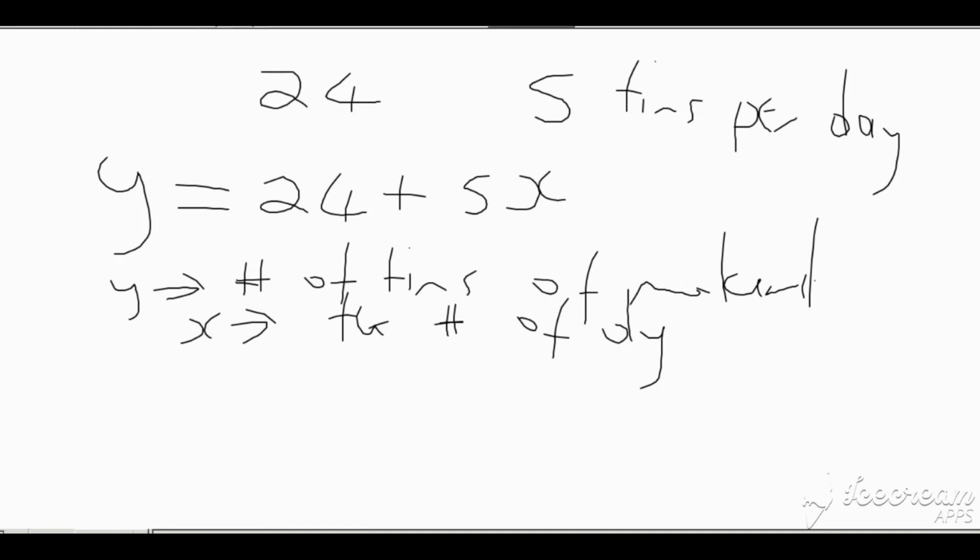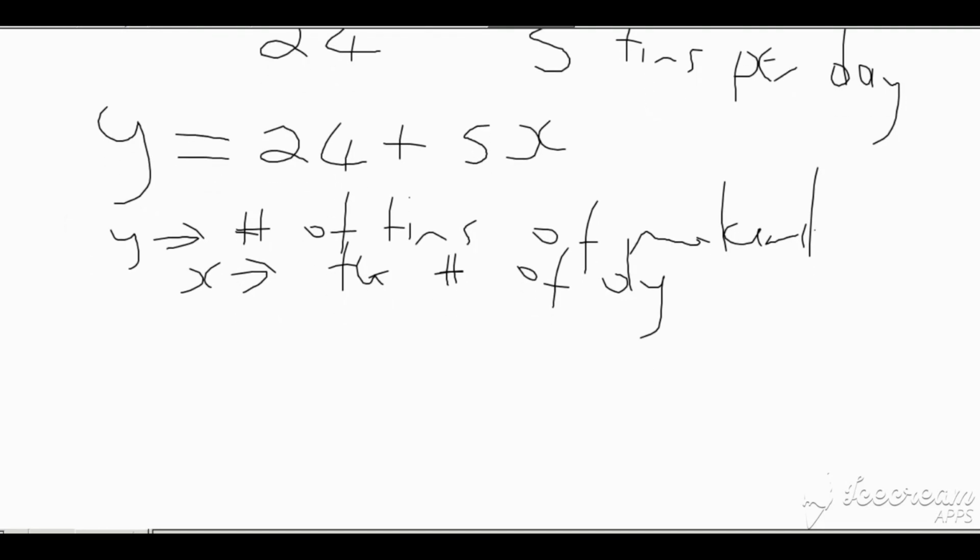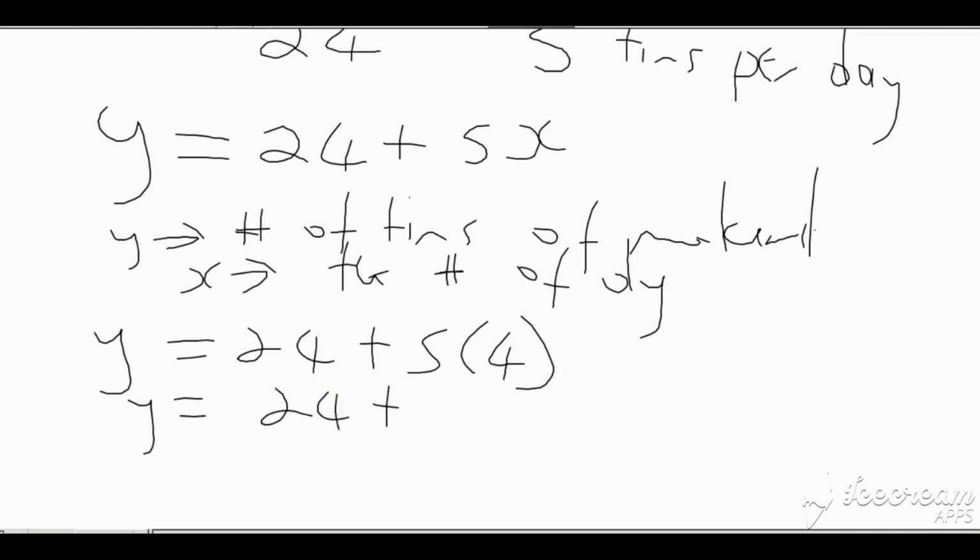So what if I ask you how many tins of mackerel would you have after 4 days? Since x is the number of days, all I would have to do is y equals 24 plus 5 times 4, which is y equals 24 plus 20, which is y equals 44 tins.